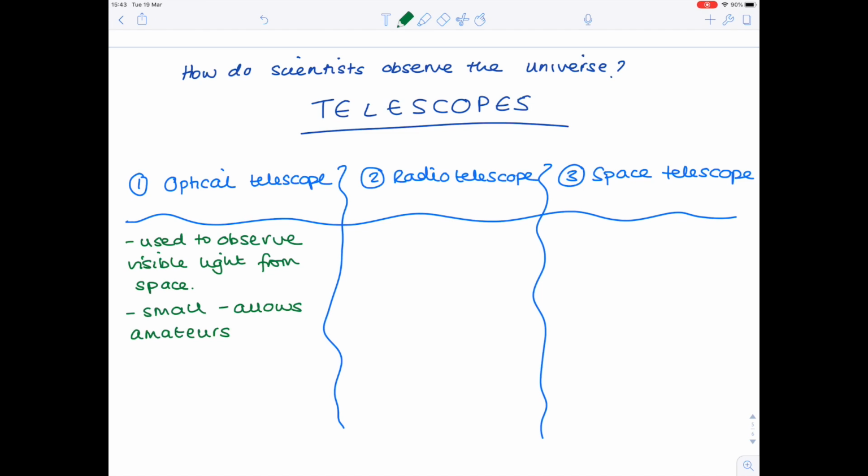And for people who aren't particularly skilled in this field, we call ourselves amateurs, so it allows amateurs to view the night sky relatively easily. Crucially, they can only be used at night because they're observing light being emitted from stars in our galaxy. And their use is affected by poor weather conditions. So if it's foggy, you won't be able to see anything. Or if there's a lot of light pollution.